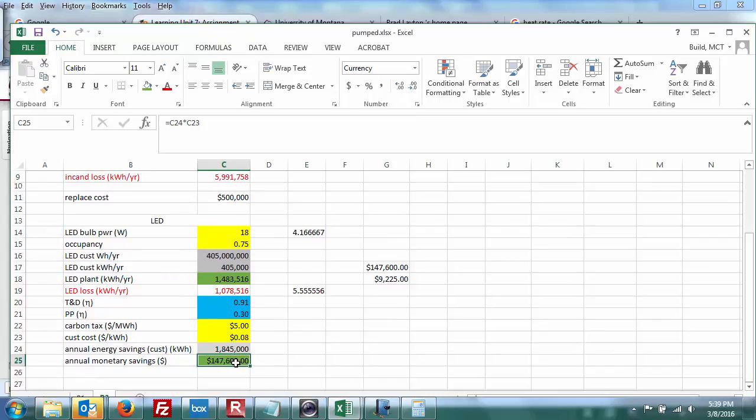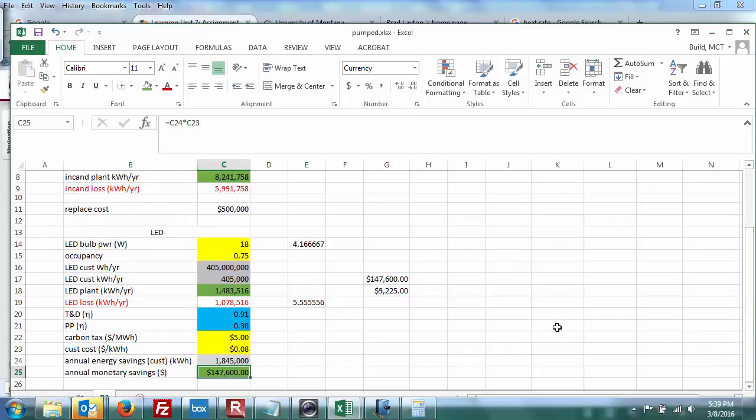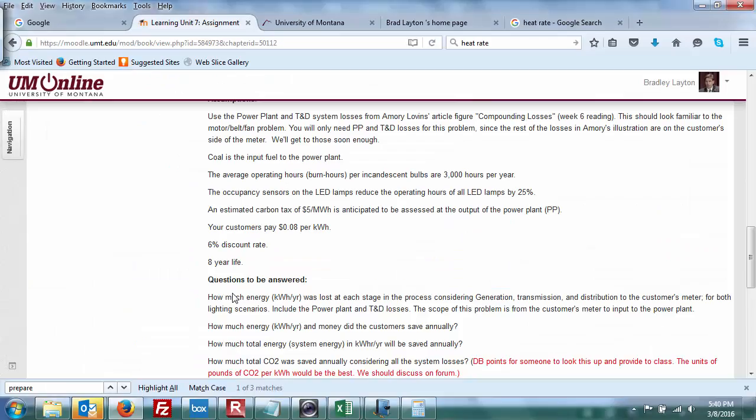So what we need to figure out is, no, we've already, yeah, we figured it out. This is what the plant burns with the incandescent. This is what the plant burns with the LEDs. How much total energy in kilowatt hours will be saved annually?